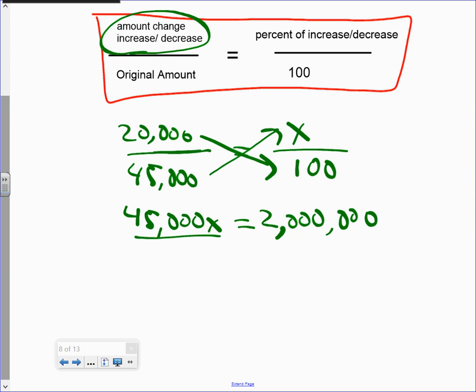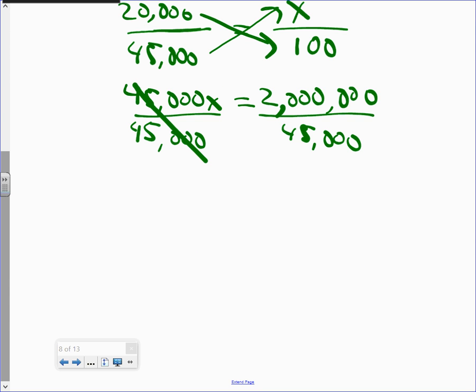So divide both sides by 45,000. X is 44.44, and the 4 goes on forever.